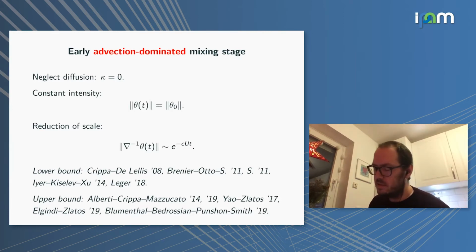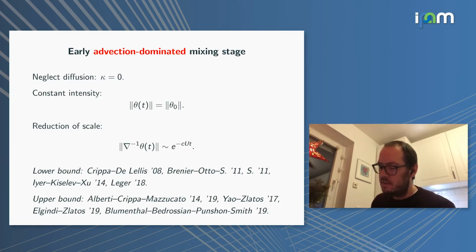The first lower bound goes back to this work of Crippa and De Lellis, which Gianluca just mentioned, and then there has been follow-up work. Crippa and De Lellis derived a lower bound for certain Lagrangian mixing measures, and then there have been a couple of papers proving lower bounds also in the Eulerian case.